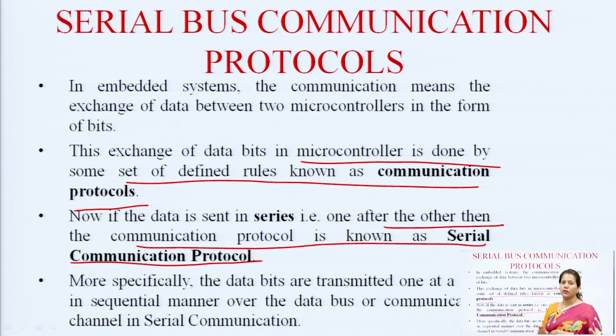This term is derived from serial transmission. As there is parallel transmission, similarly there is serial transmission, and the protocols that define serial transmission are known as serial communication protocols. According to these protocols, the data bits are transmitted one at a time in sequential manner over the data bus or communication channel.